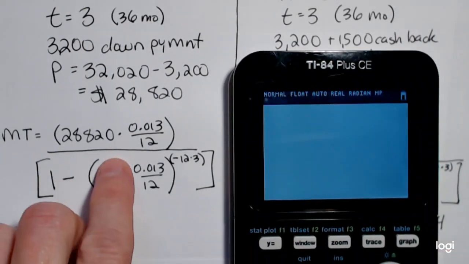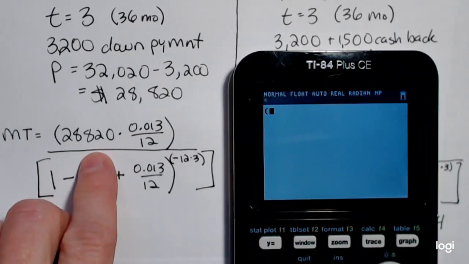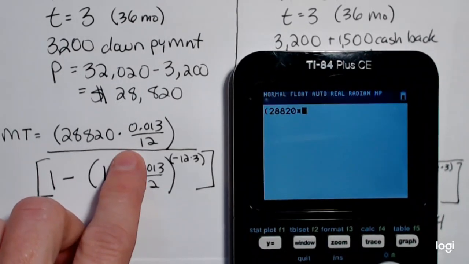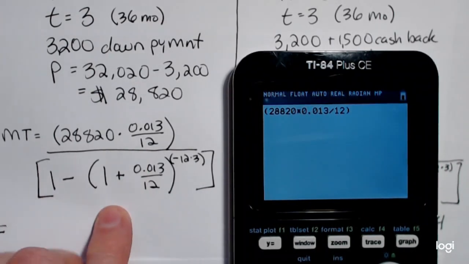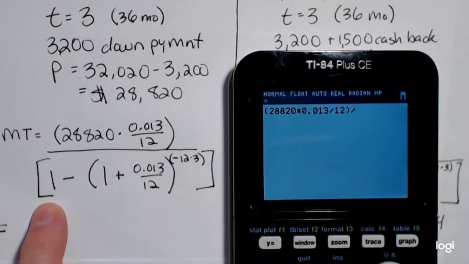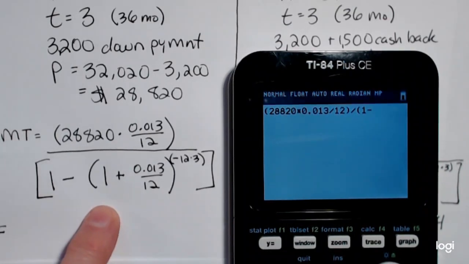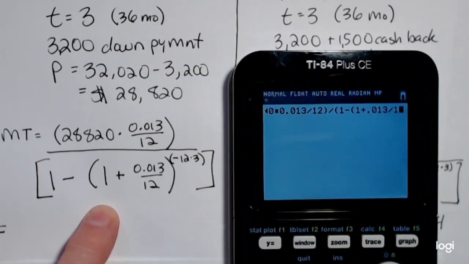Okay, so opening up a set of parentheses for the numerator expression and inputting that information. Times 0.013 divided by 12. I'm going to close parentheses for the numerator and then divide that by, I'm going to open up that outer set of parentheses, 1 minus, now here's my inner set of parentheses, 1 plus 0.013 divided by 12.